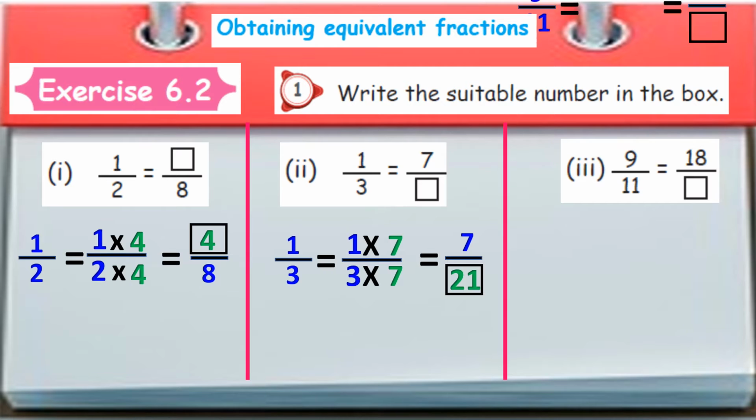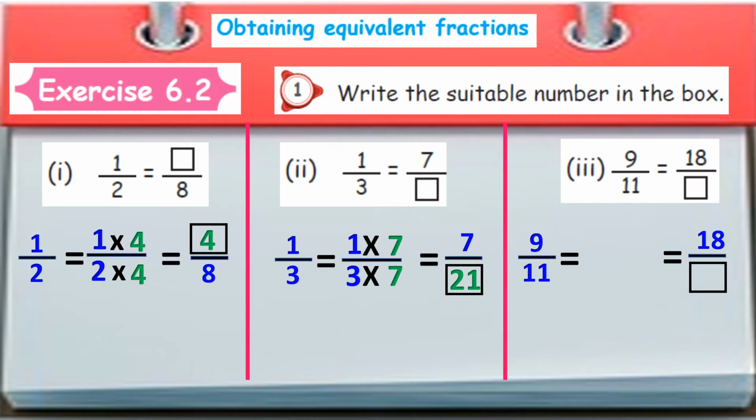So let us come to the third question. So 9 by 11, isn't it? Okay. Here 18 by empty box. So here we don't have any connection, but I can connect this 9 and 18 with the help of 2. Am I right or not? Yes. So 9 twos are only 18. So here I am going to multiply with 2 up and down like this.